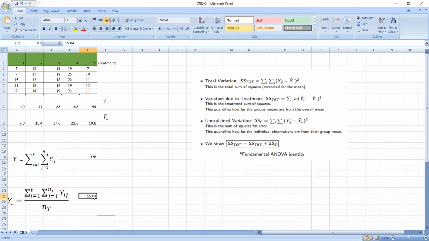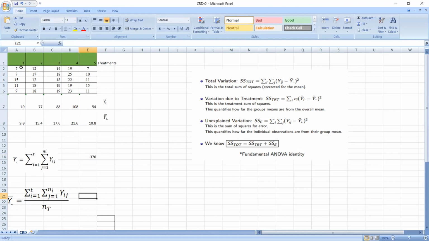After calculating the grand total, which is denoted by y double dot, we can calculate y double dot bar. That is the grand total divided by the number of observations in the experiment.